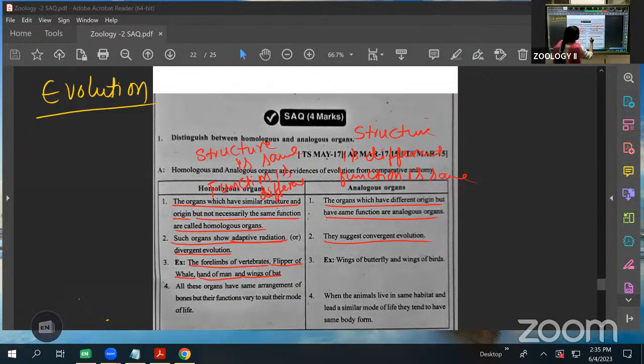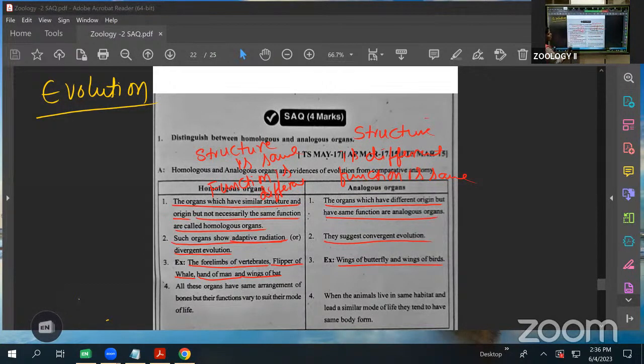Next, already I said analogous organs means the wings of butterfly and the wings of the birds. The wings of the butterfly structurally have nervures inside the wings. The bird wings have bones present. That's why they are different, that is called analogous organs.